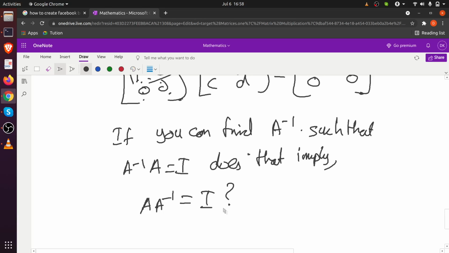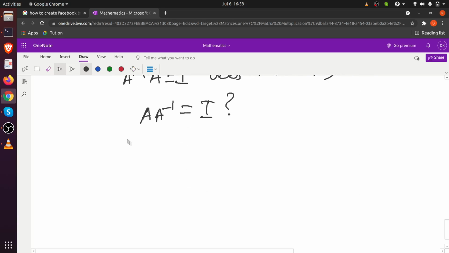Think about this. Matrix multiplication is not commutative, so we have to take some extra steps to actually prove that this is indeed true. If we can find the matrix A inverse such that A inverse into A is equal to I, we can prove that A into A inverse is also equal to I, but we have to prove it. So this is not an obvious answer.